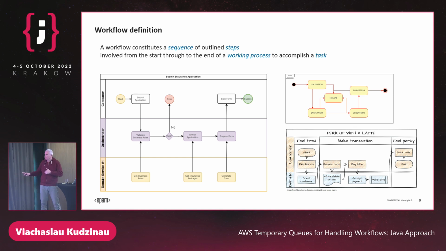And basically, it doesn't tell you that we have orchestrators there and a couple of other services there. No, it is purely about the business architecture: steps of our process, actors, and some decision points.